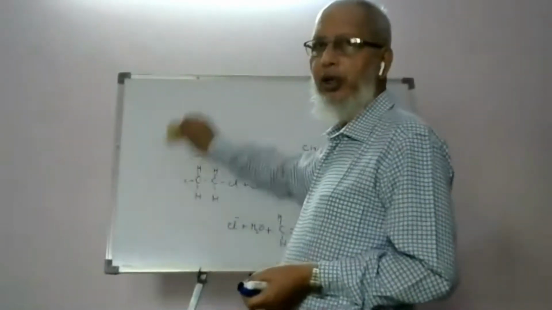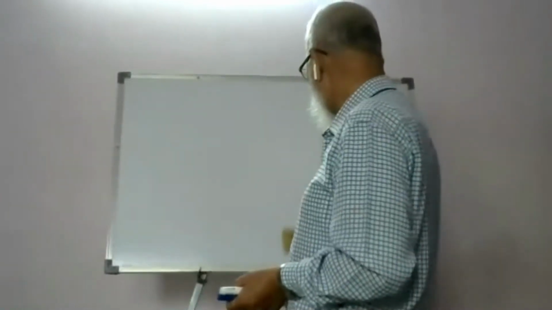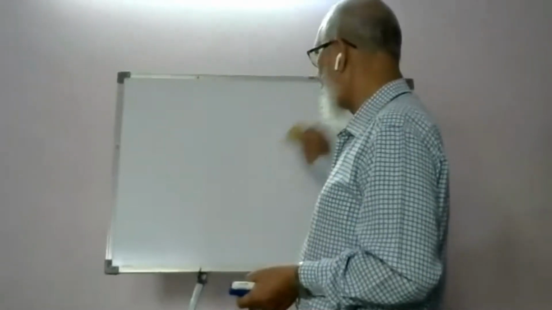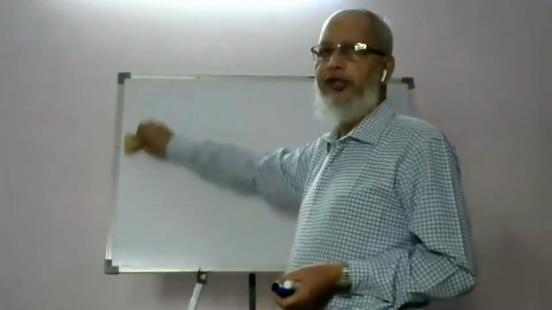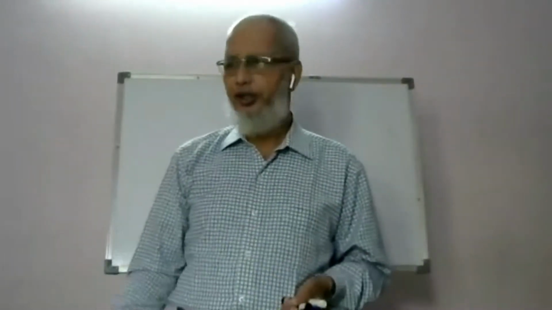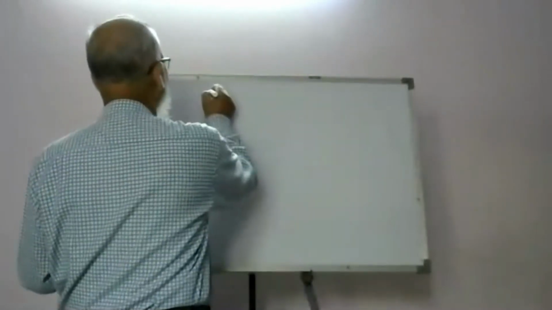And I have told you earlier about the structural difference between the alkyl and aryl halides, that these are the compounds containing carbon, hydrogen, and halogen, in which halogen atom is directly attached with the aromatic nucleus or the benzene nucleus. So preparation of aryl halides.